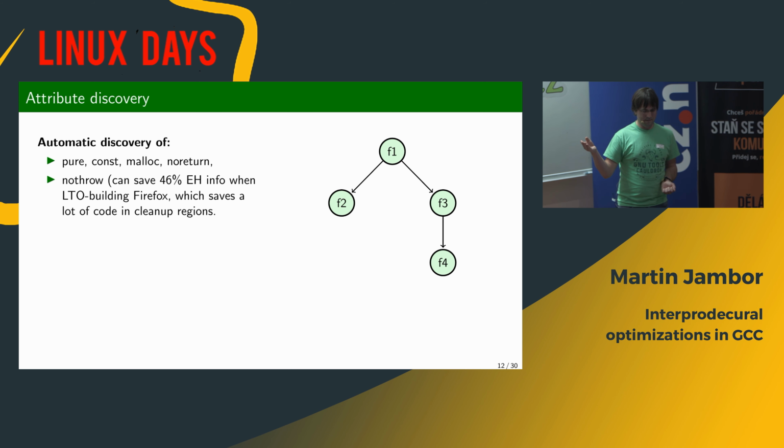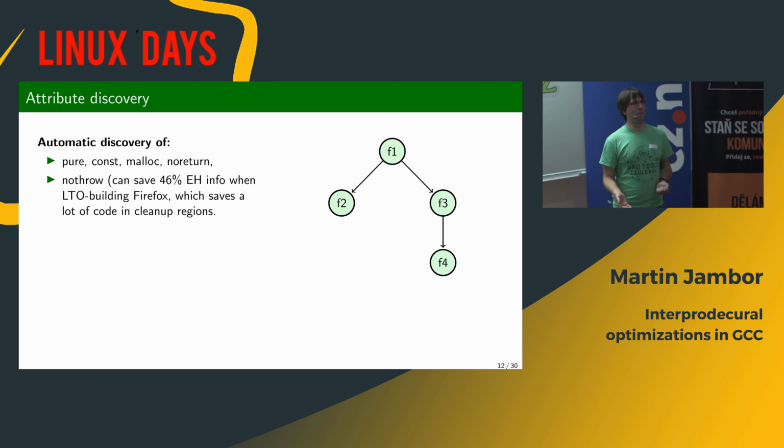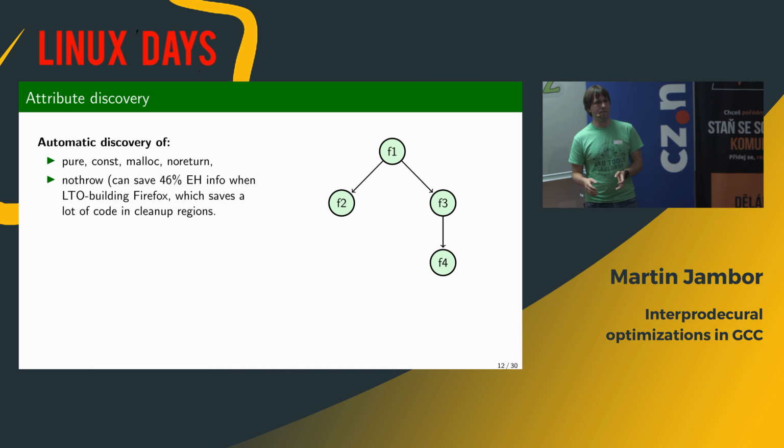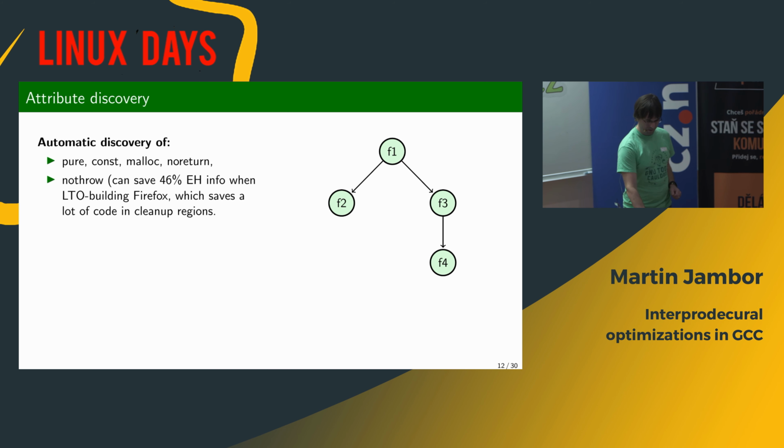And if both f3 and f2 are pure functions, they only work on their arguments and do not have any side effects and do not load memory, even f1 can be then marked as pure, and that everything calling f1 will know this is a pure function. For example, if it is called twice with the same arguments, it will always arrive at the same value, and so we can collapse those two calls into one, and so forth.